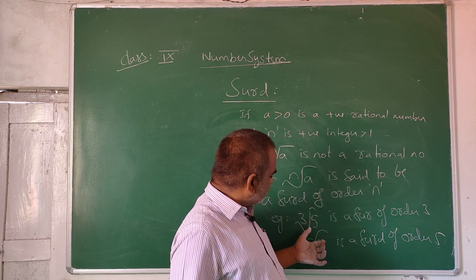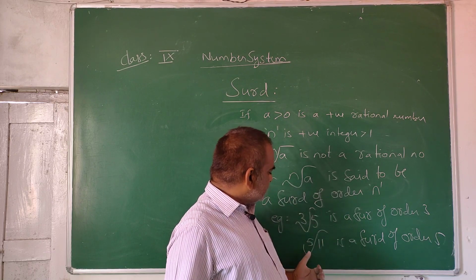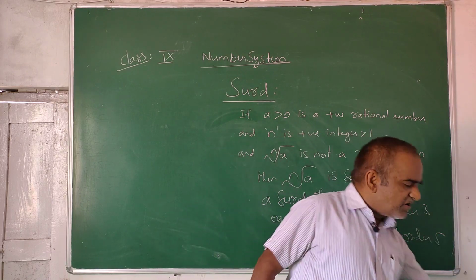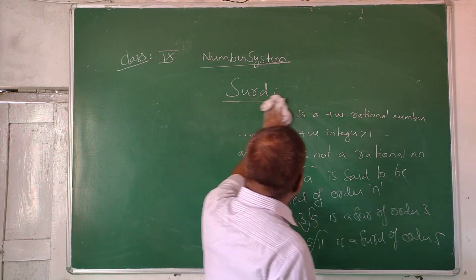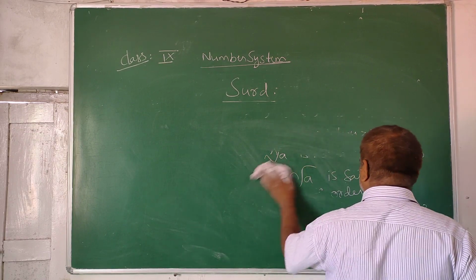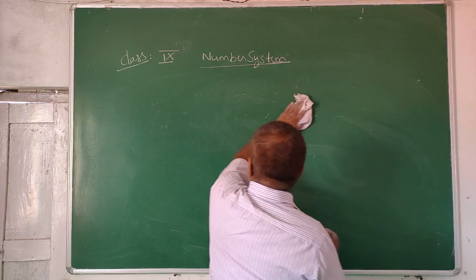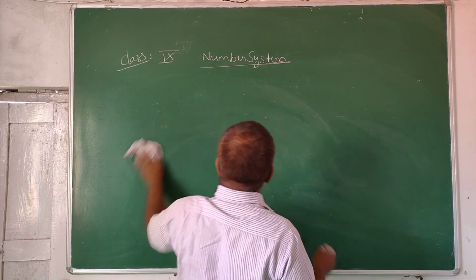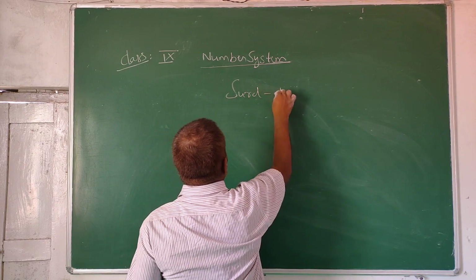So cube root 5 is a surd of order 3. Fifth root 11 is a surd of order 5, etc. Now every student should know the difference between surd and irrational number.